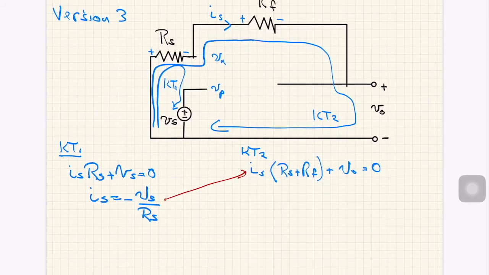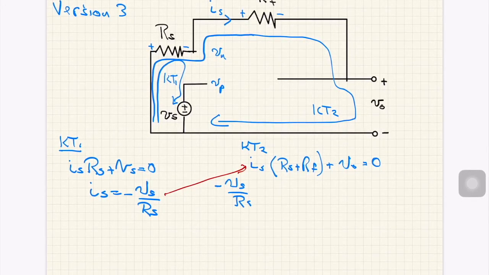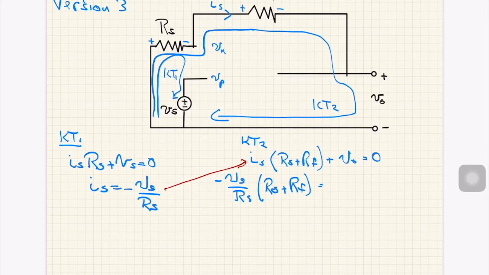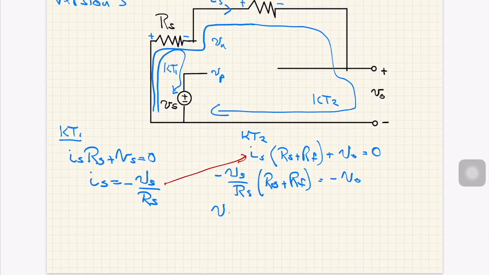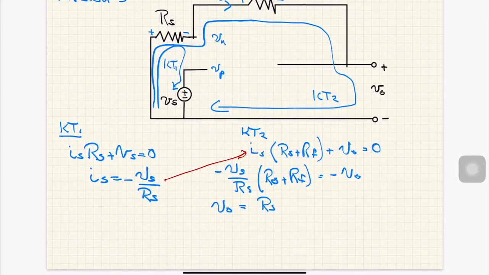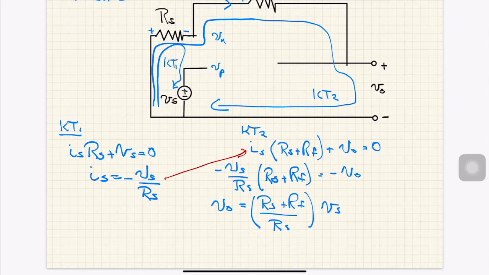And again, the same trick as before. I substitute in here for the IS current, and now I write a minus Vs over Rs times Rs plus Rf equals, well, we can do this way, minus V, put my V0 on the other side, and of course those signs will cancel, and I can already write down V0, isolating that, is equal to Rs plus Rf over Rs times Vs. And again we can simplify this quite easily and say that that's equal to 1 plus our now familiar Rf over Rs times Vs. And now we have the same solution that we've had all along.